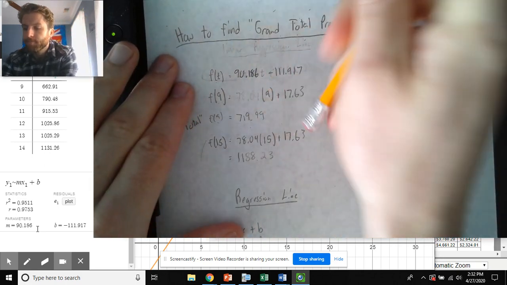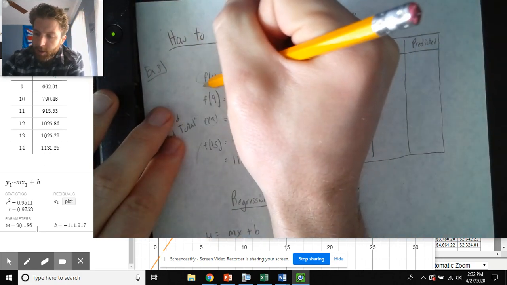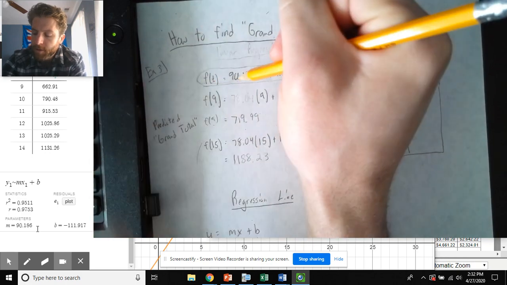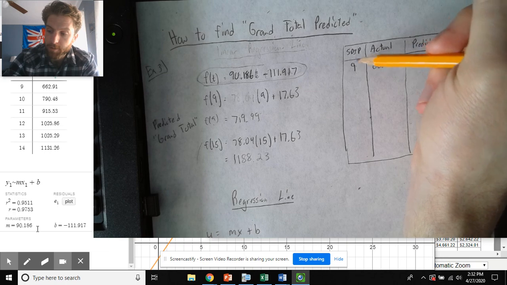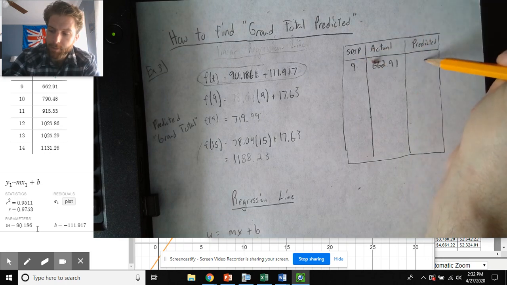Okay, so this would be the equation that I would use, and I'm plugging in my independent variable, my SDIP level, to find the predicted.